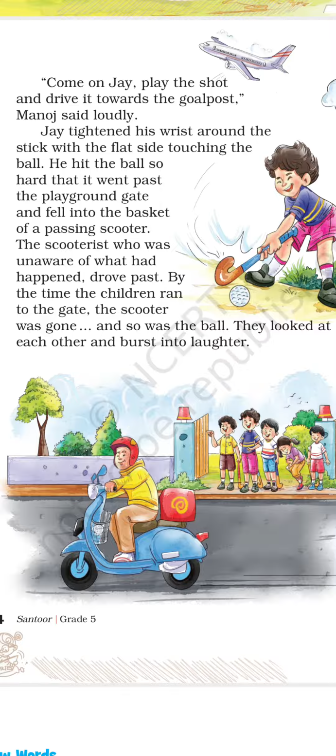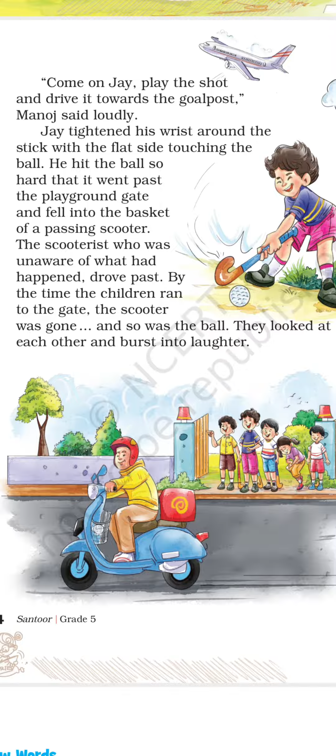All of the children ran to the gate shouting ball, ball, but the scooter was already gone and so was the ball. The ball was in the basket of the scooter. They looked at each other and burst into laughter.